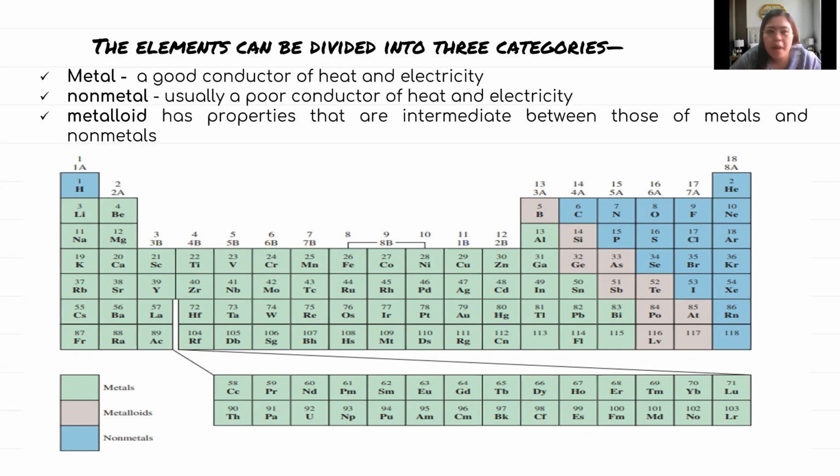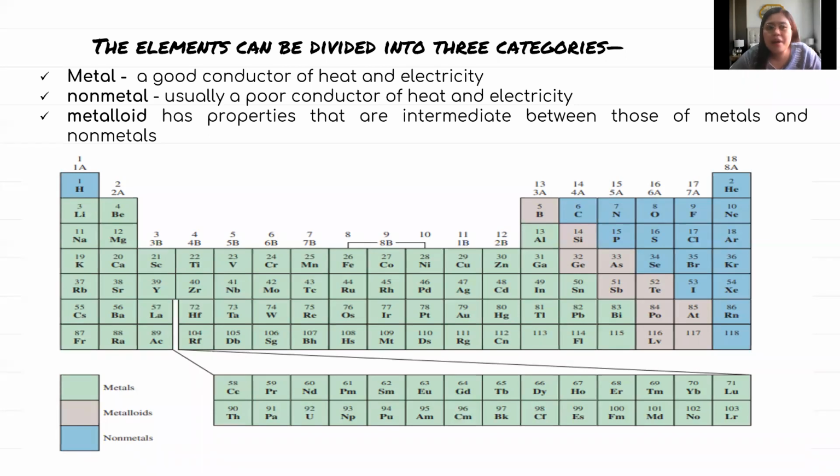Now, those in blue, of course hydrogen is included there. And of course we have carbon until the noble gases. They are non-metals, thus they are not really conductors of heat and electricity. And the pink ones from bismuth up to the 117th, I think that's the tennessine there for the 117th.